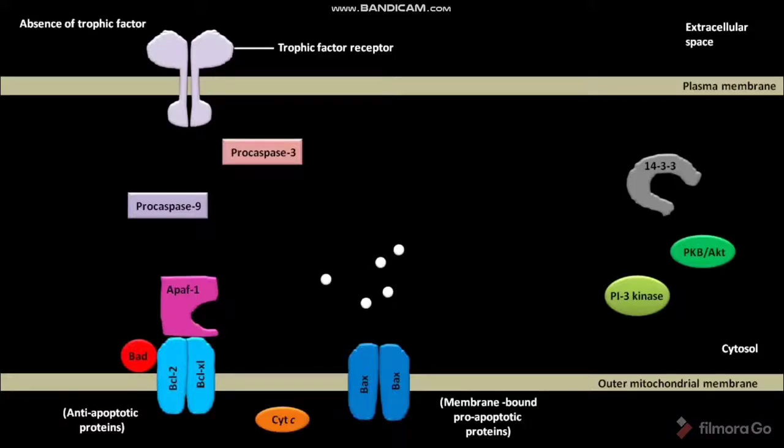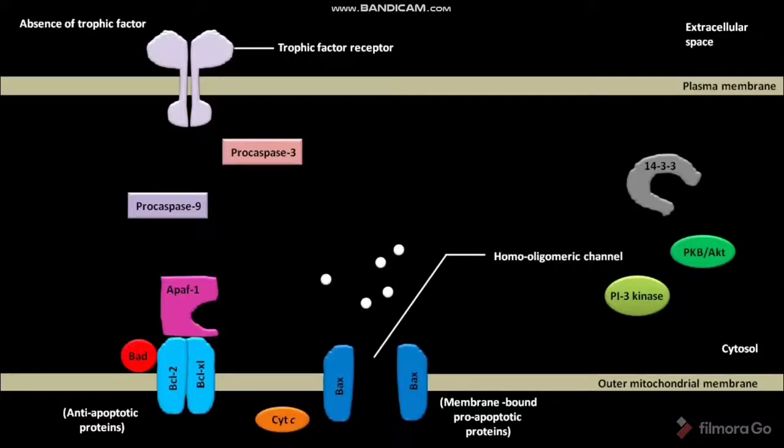As the BCL2 and BCL-XL proteins cannot interact with Bax proteins, the Bax proteins form a homo-oligomeric channel. Through this channel, the cytosolic ions pass into the mitochondrion of the mammalian cell.